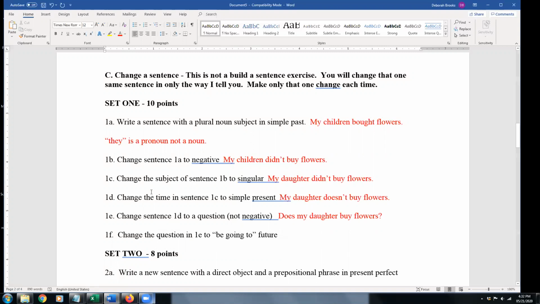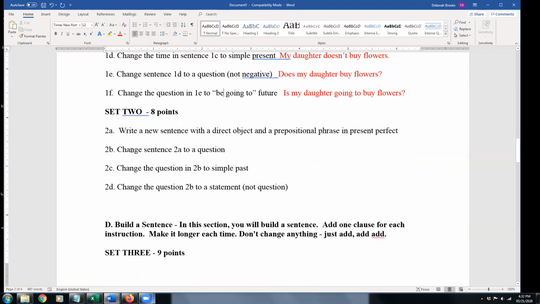But if you change D, which was not a question, that's okay. So is my daughter going to buy flowers? Is the question. Yeah.